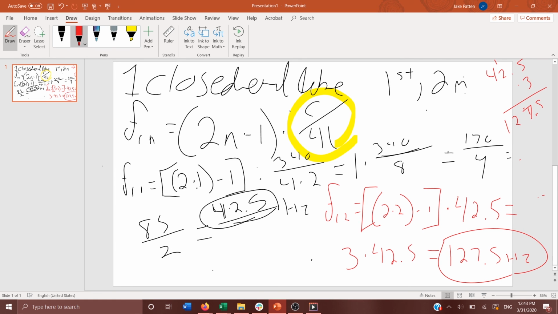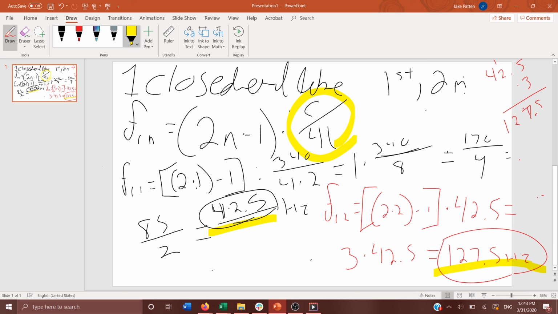Okay, so our first resonant frequency is here, and our second resonant frequency is here. Again, if I ask you to look on a graph, you have this and this, 42.5 here, 127.5 here.